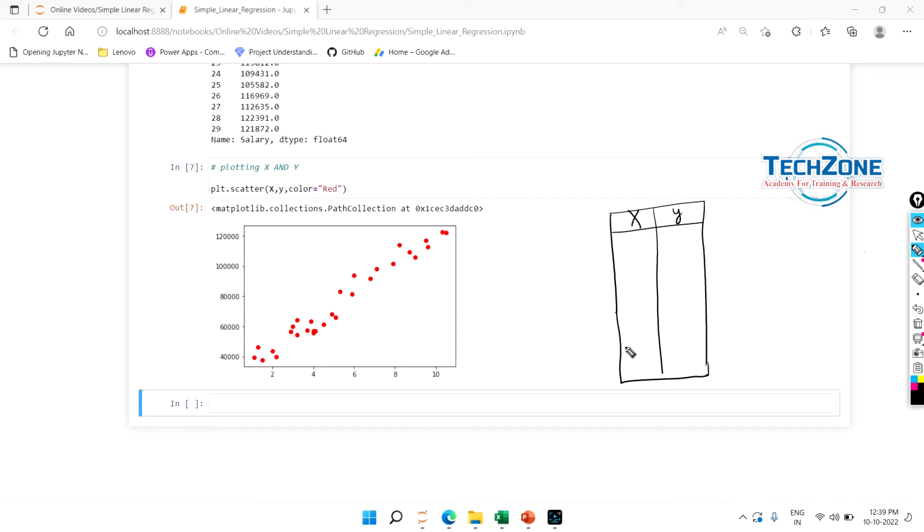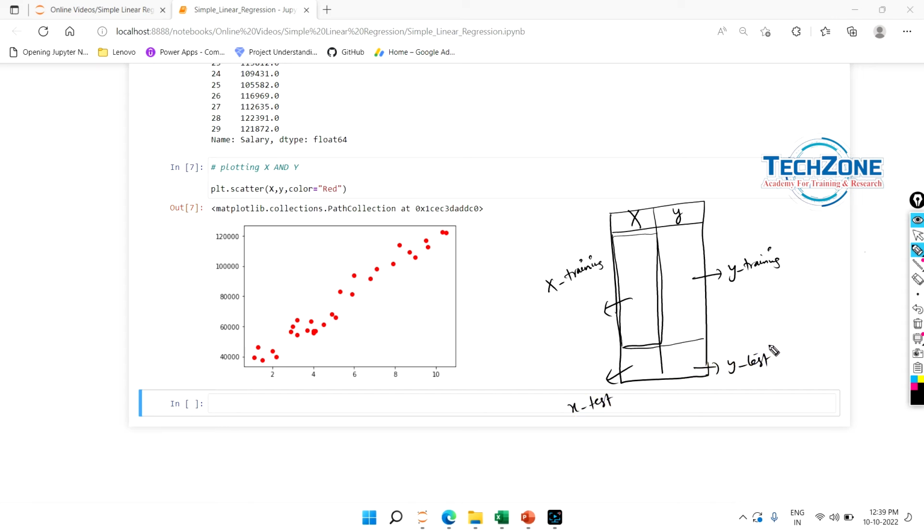We split this into 4 parts. This part is called x train, this is y train, and this part is x test and this part is y test.